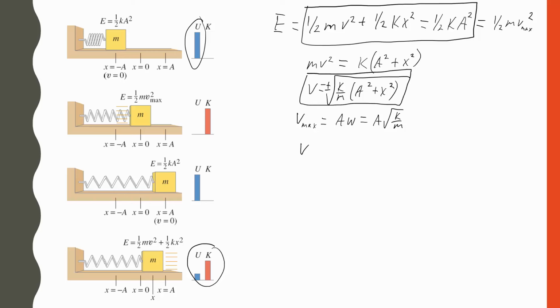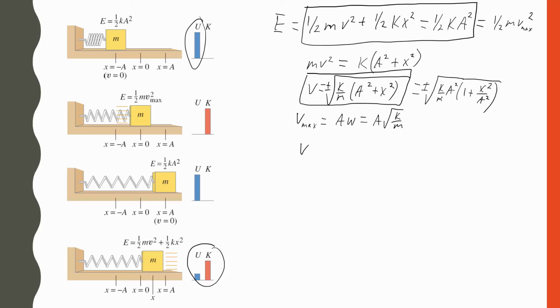Alright, so if we essentially pull out an a squared from this, let me do that up here, so we're going to have plus or minus root k over m times a squared. This becomes a 1, and this becomes an x squared all over a squared.